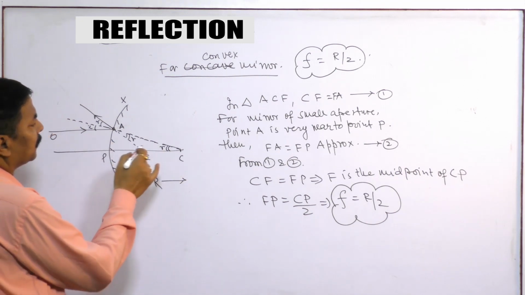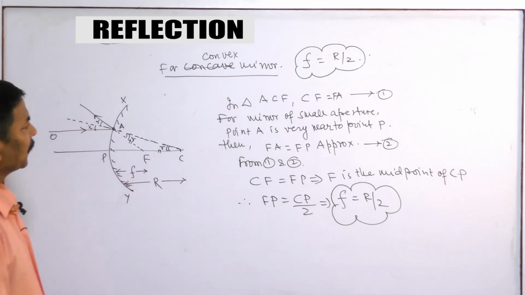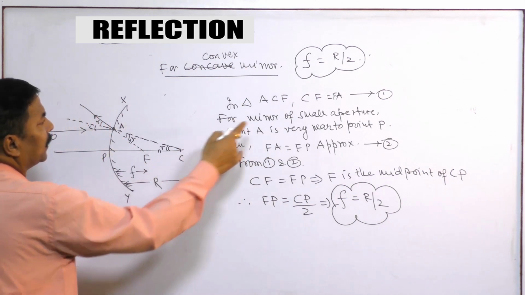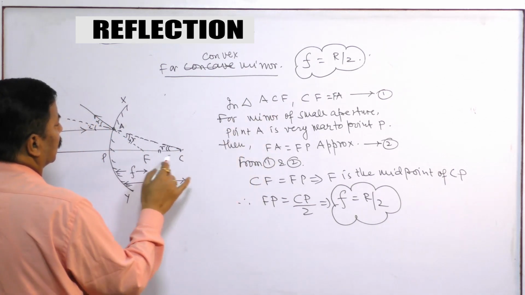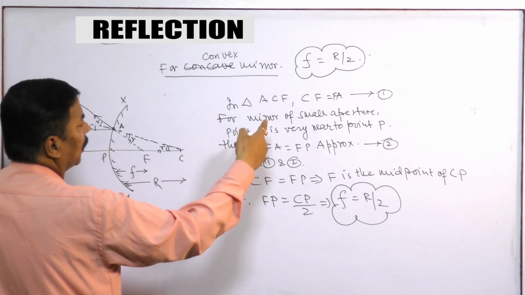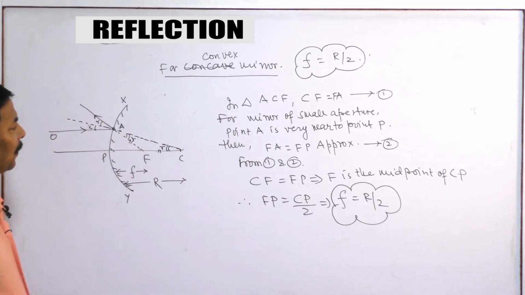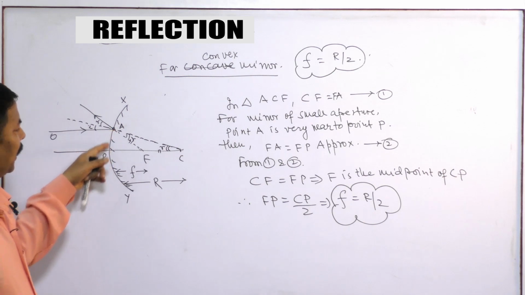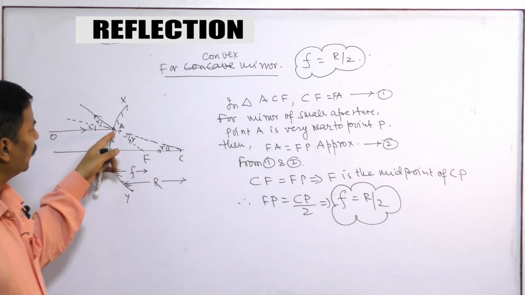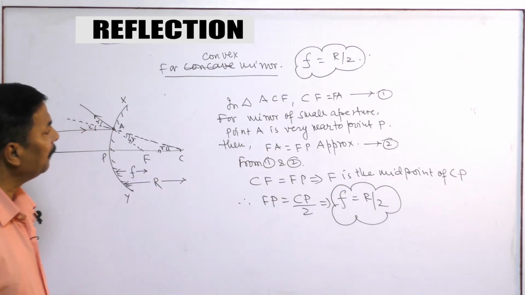So again, this becomes the isosceles triangle. These two sides are equal. So in triangle AFC, same, CF is equal to FA. Why? Because isosceles triangle. Then for a mirror of a small aperture, point A is very near to P. So then FA is equal to FP approximately.